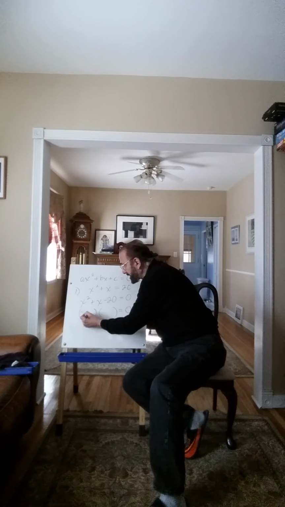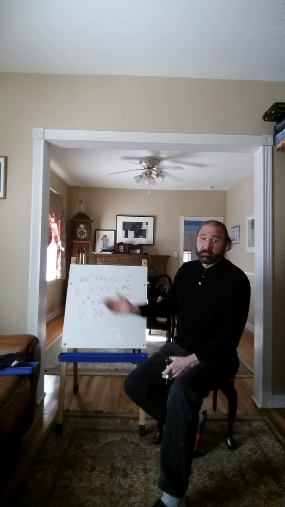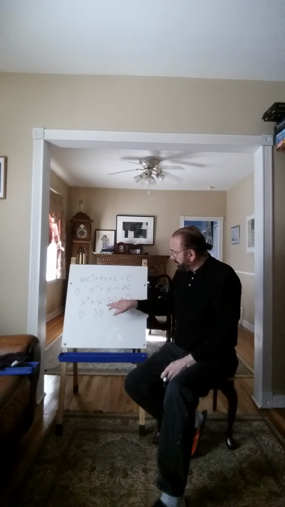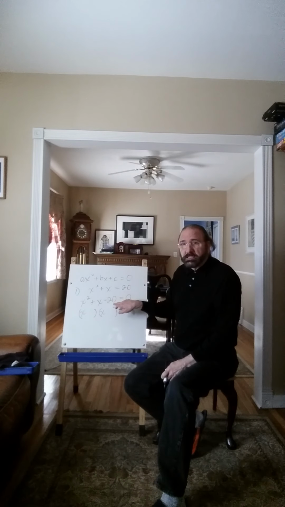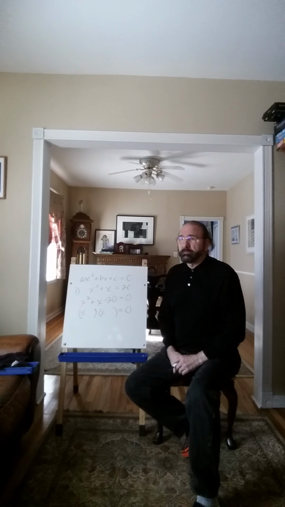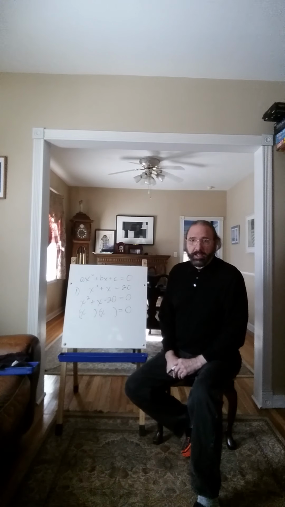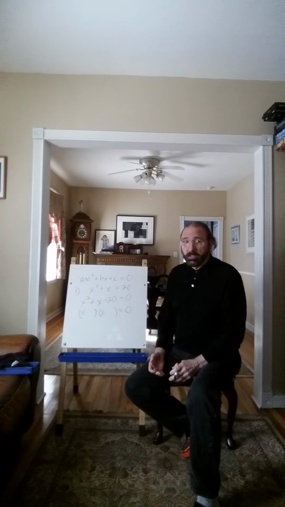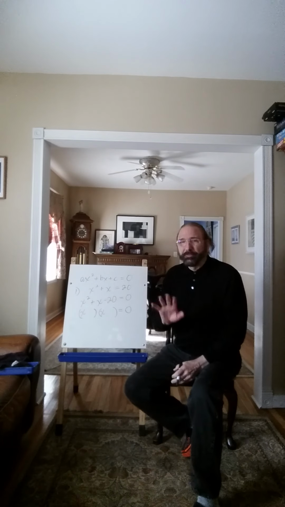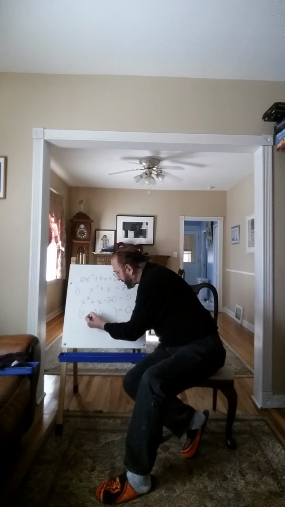So I'm going to put an x here and an x here. x times x is x squared. Now, I next turn my sights to the 20. Well, I know I've got different factors of 20: 2 times 10, 4 times 5, 20 times 1. I like 4 and 5. So I'm going to go with 4 and 5. Now, I'll tell you why.